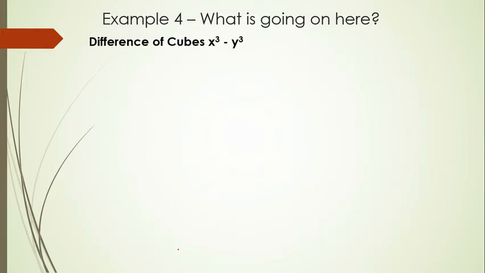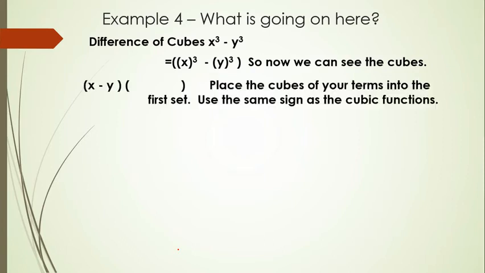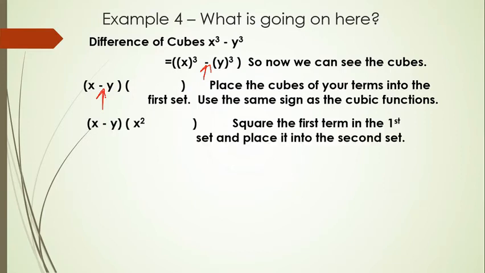All right, let's take a look at our difference of cubes. Again, it's x cubed minus y cubed this time. Notice that our sign, because it's a difference of cubes, is negative, but it's still the same sign that goes into the binomial. Square the first term in the first set and place it into the second set.